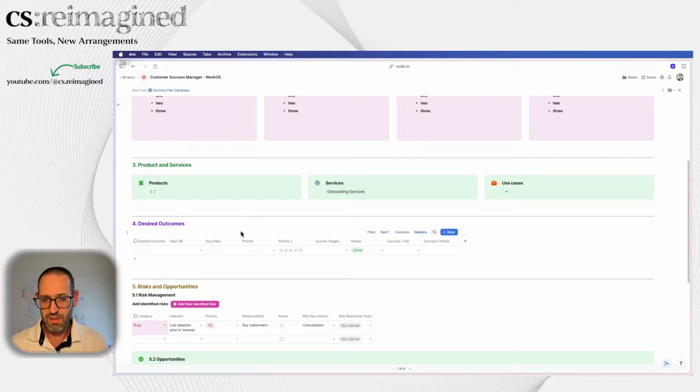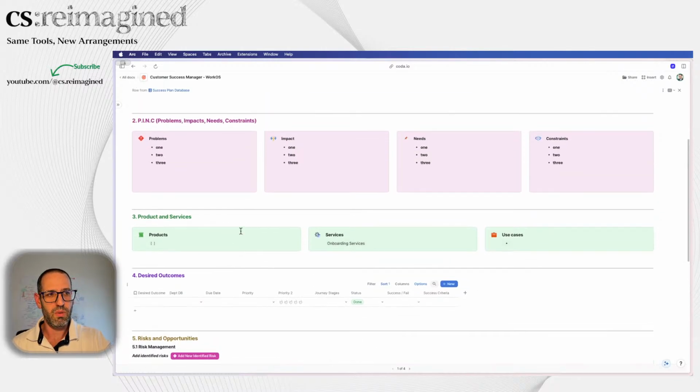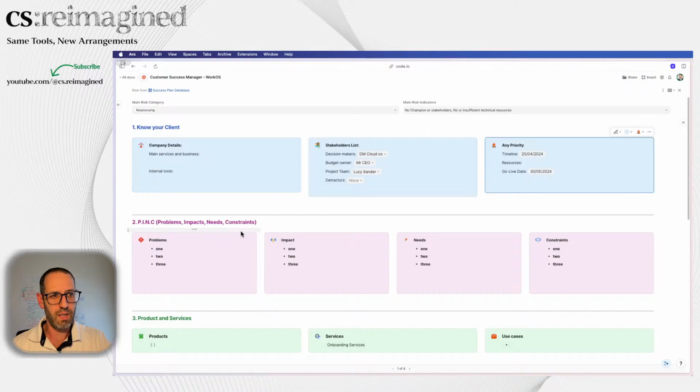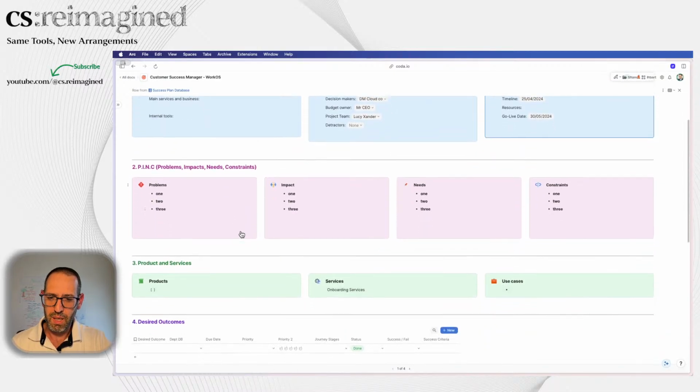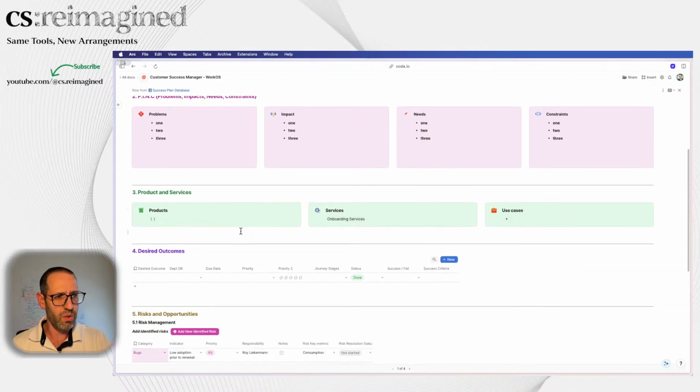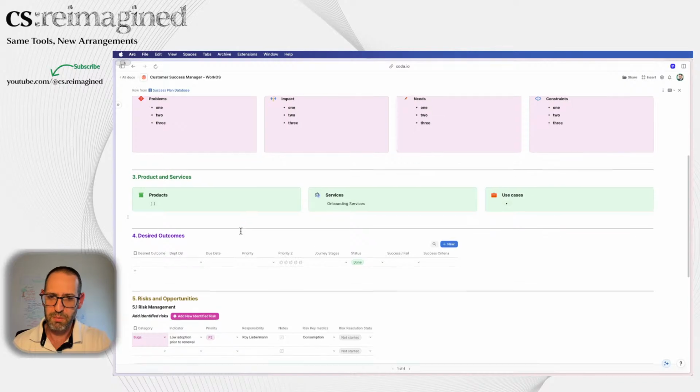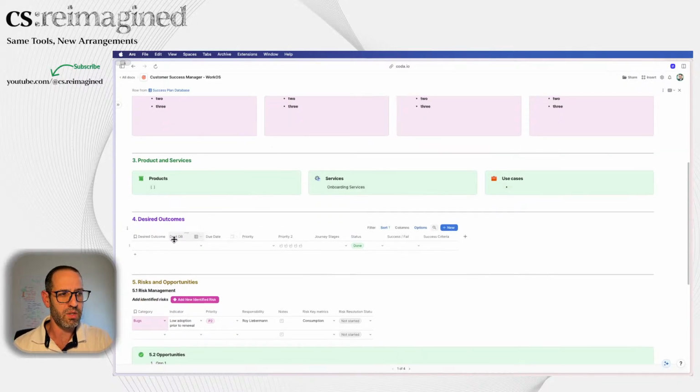In some cases, customers told me, you need to tell me what I need to do, right? So if we know as many details as we can about the customer, the industry, the segment, and so on, we know why they bought, and what problem made them decide to buy our product or service, we can also help them with desired outcomes and suggest a few here.